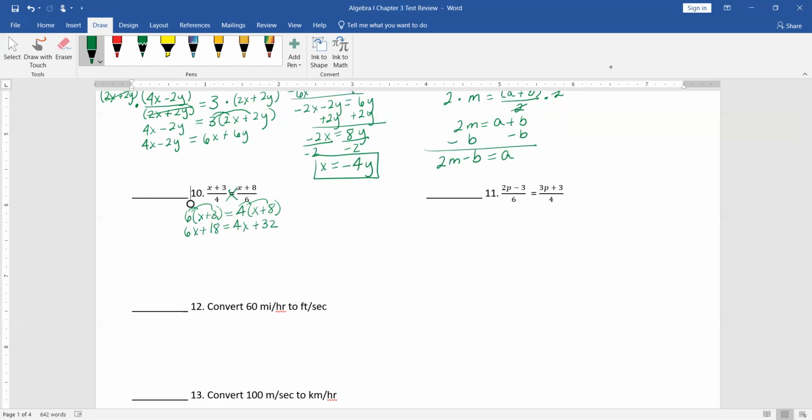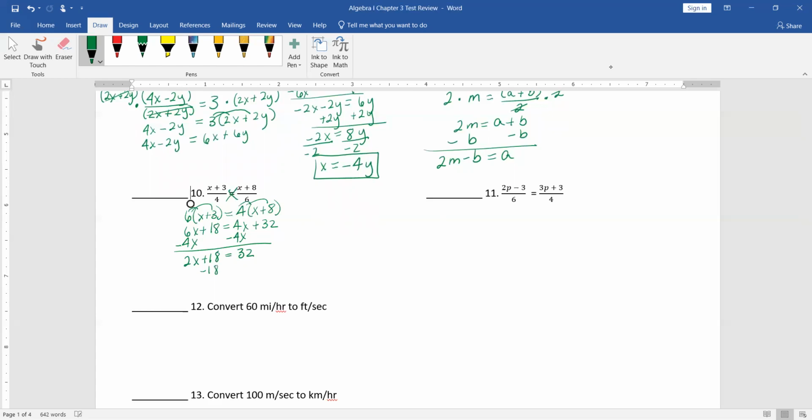All right, so now let's get all of our x terms on the left side, our constants on the right, and then we can solve for x. So I'm going to subtract 4x from both sides. That gives me 2x plus 18 equals 32.